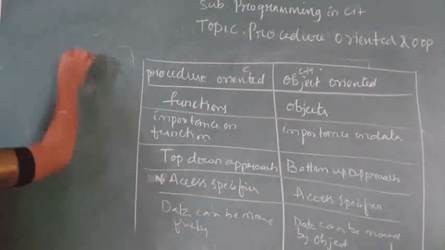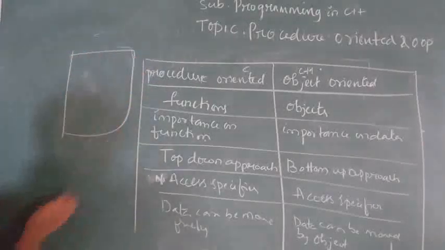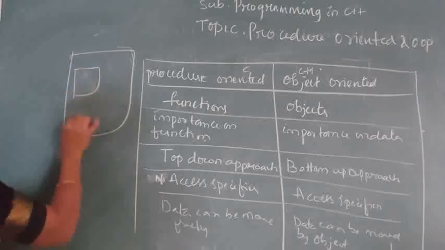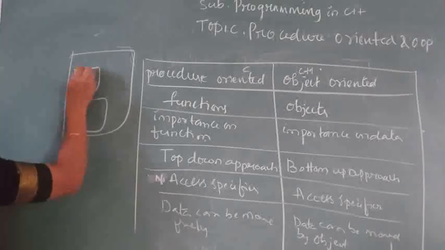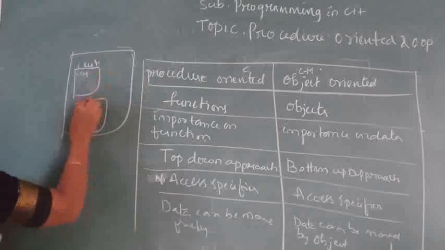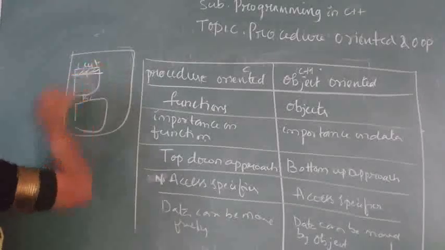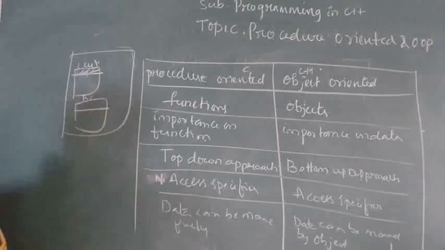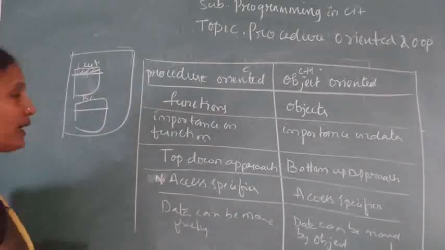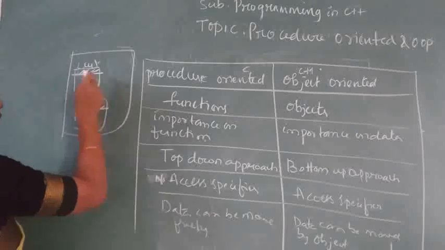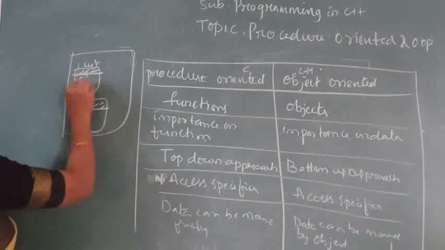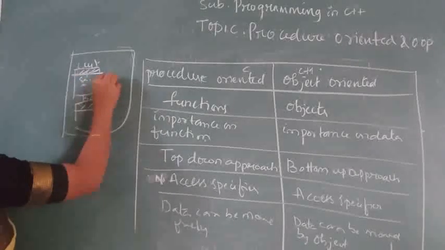We are writing a bank program. In this we have only two objects: one is customer and the second one is bank. Whatever information you want to store about the customer is in the customer data. Whatever information you want to store about the bank is in the bank. The operations the customer can perform, savings and deposit, are the functions of the customer.